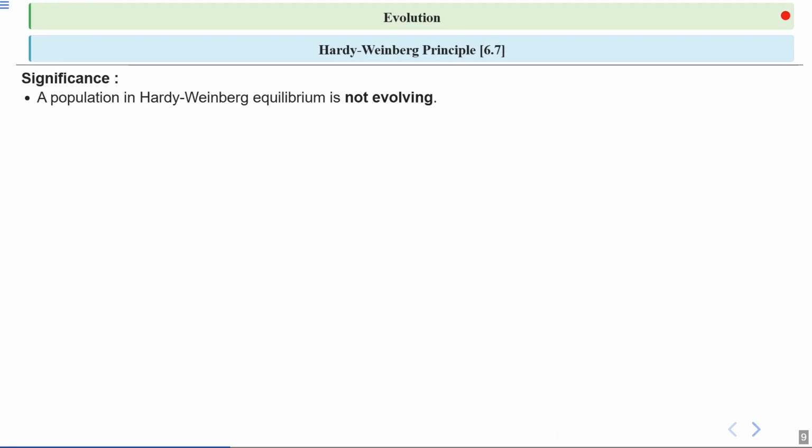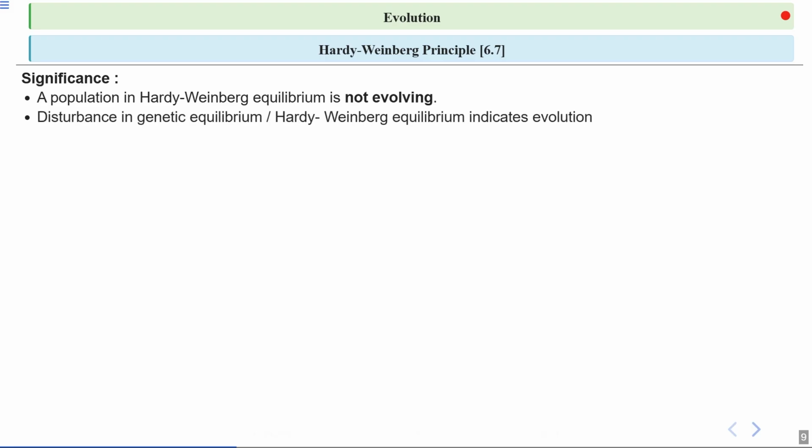Now, what is the significance of the Hardy-Weinberg equilibrium or Hardy-Weinberg principle? We can say that if the population is in Hardy-Weinberg equilibrium, it is not evolving. There is no change happening in the population. If this equilibrium is disturbed, then we say that the population is evolving. So disturbance in the genetic equilibrium, or Hardy-Weinberg equilibrium, indicates evolution.